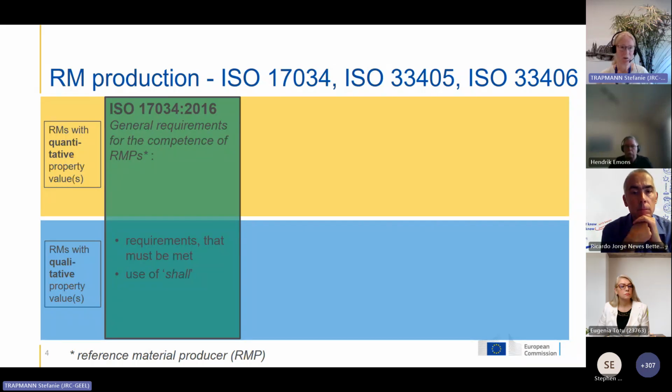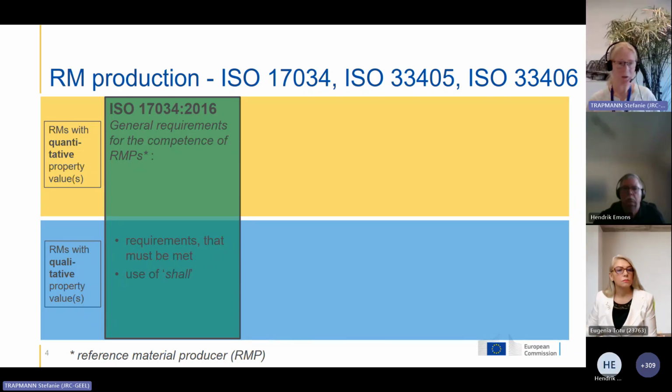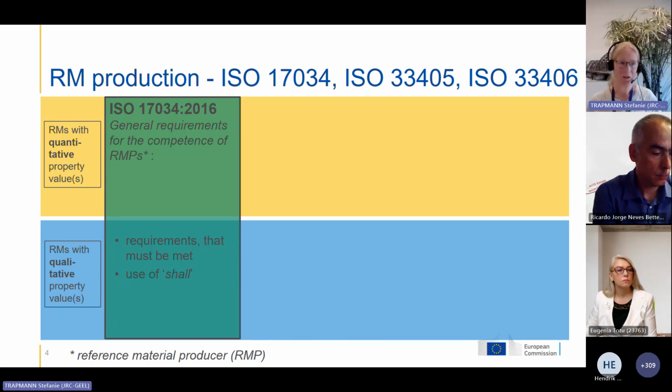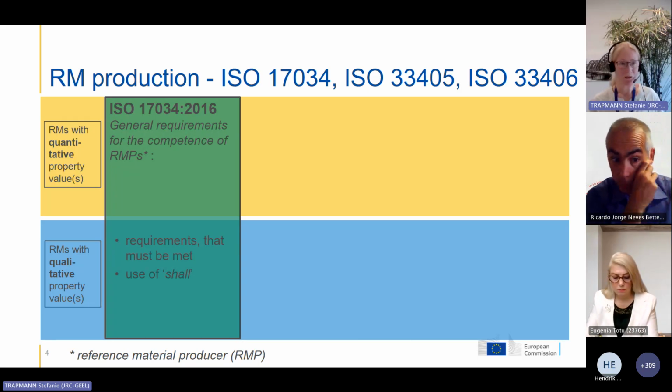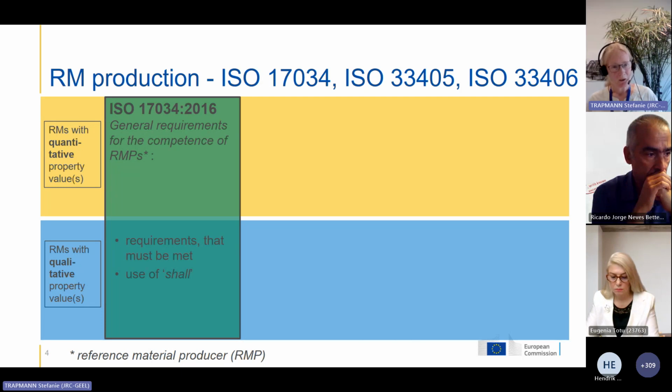It lists the general requirements for the competence of reference material producers, and as its general requirements, it covers quantitative reference material and qualitative reference materials. As it lists requirements, which must be met if you want to work according to ISO 17034, according to the ISO terms, the word shall is used to emphasize these requirements.